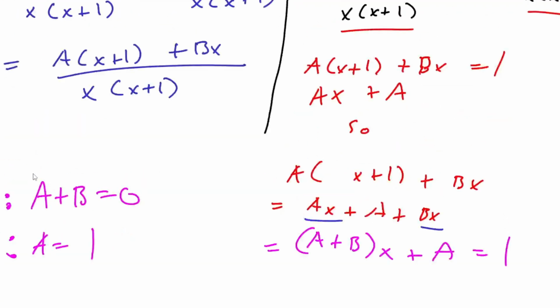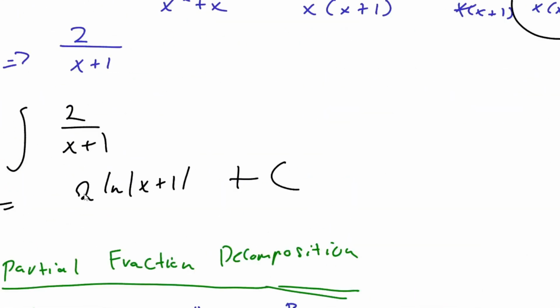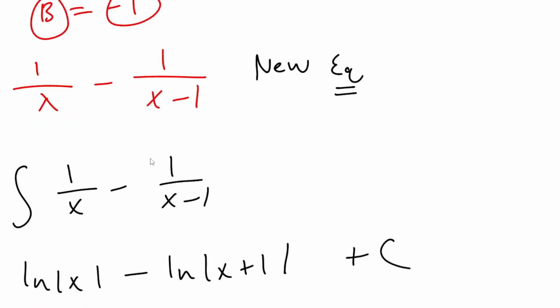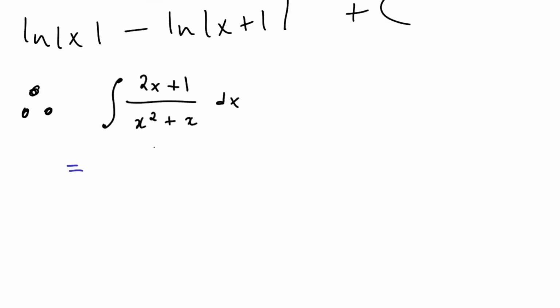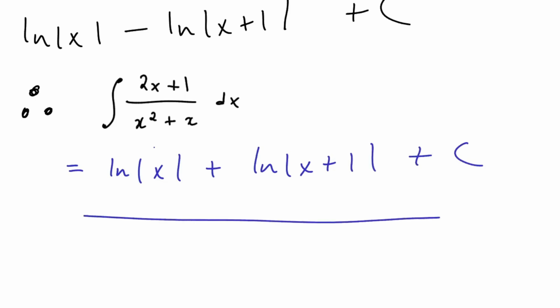Remember, originally we have 2 natural log of x and 2 natural log of x plus 1 plus c, and this right here, you can actually simplify since we're subtracting a natural log of x plus 1, and all that's going to be left for us is just a natural log of x plus 1. So we're just going to be having the natural log of x plus the natural log of x plus 1 plus c, and this should be our final answer in this case.